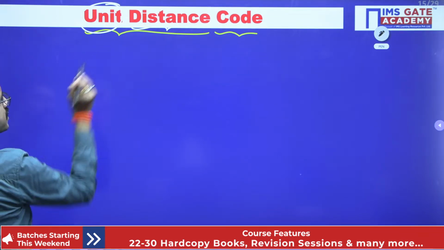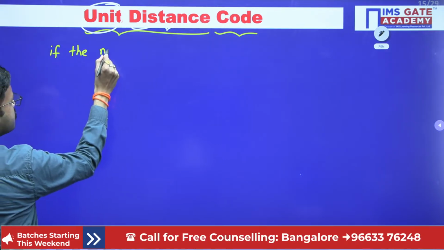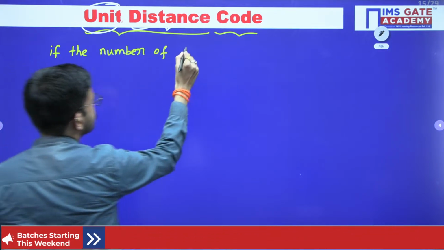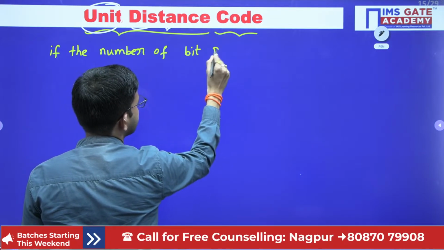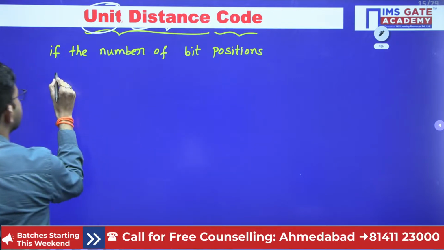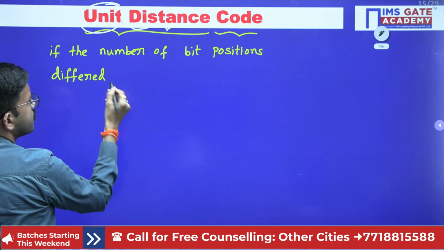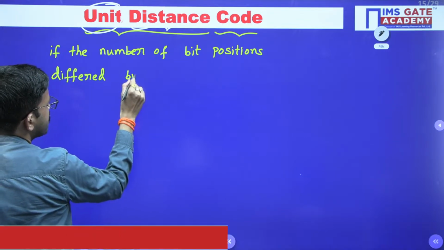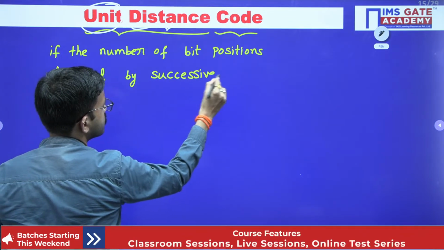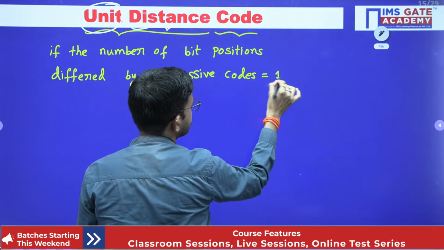A binary code is said to be a unit distance code if the number of bit positions differed by successive codes is equal to 1.